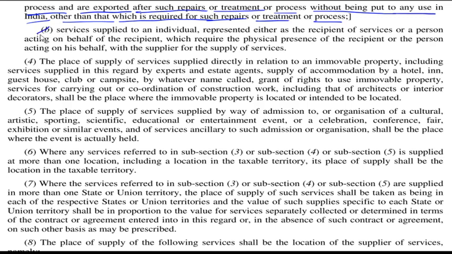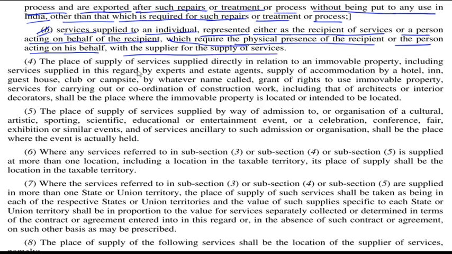Now clause B, services supplied to an individual, represented either as a recipient of service or a person acting on behalf of the recipient, which require the physical presence of the recipient or the person acting on his behalf with the supplier for the supply of services.